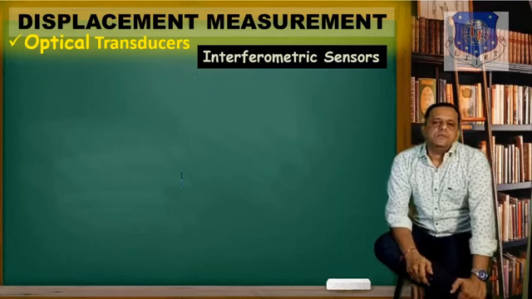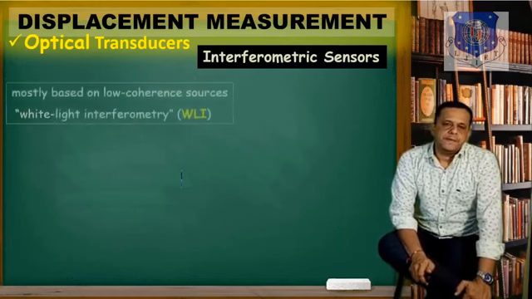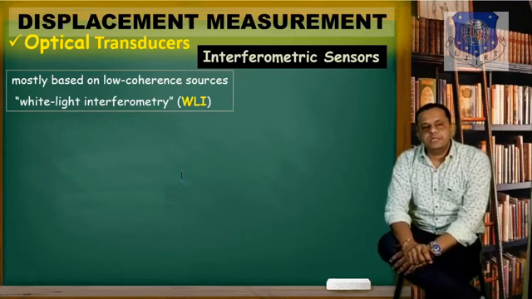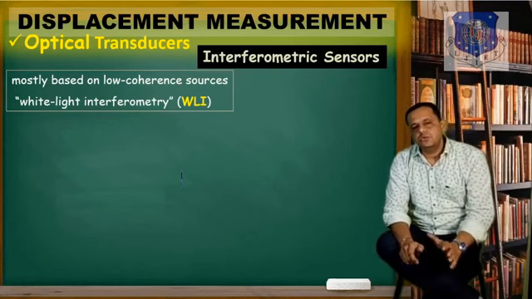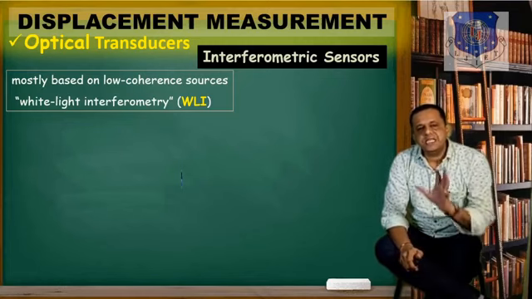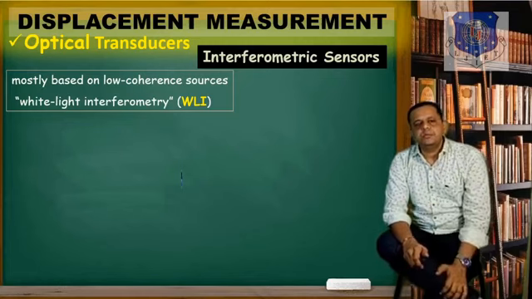The next is interferometric sensors. There are two terms associated with this that you should remember: a low coherence source is used, and the white light interferometer is known as WLI. These are the commercial terminology that you should remember.